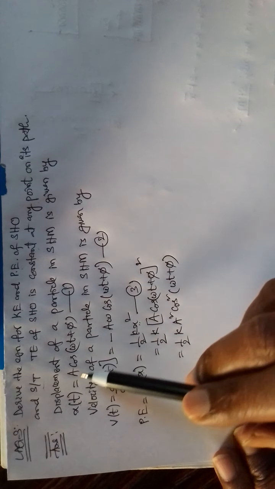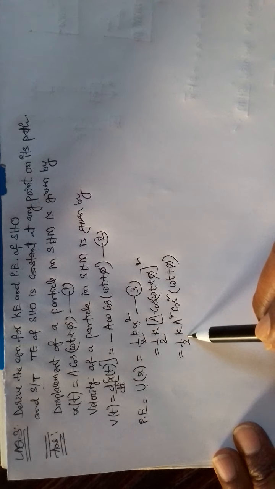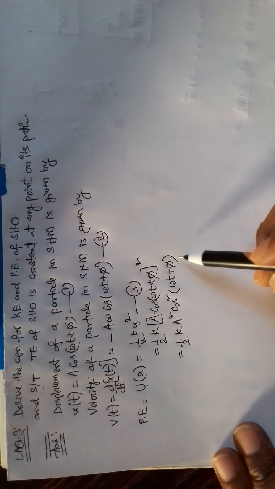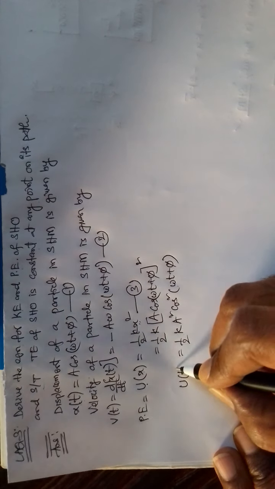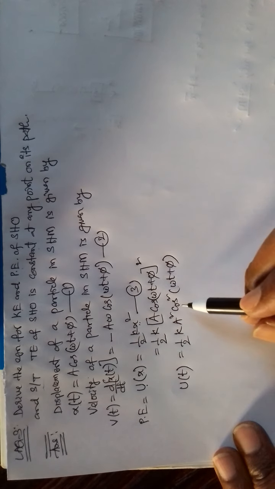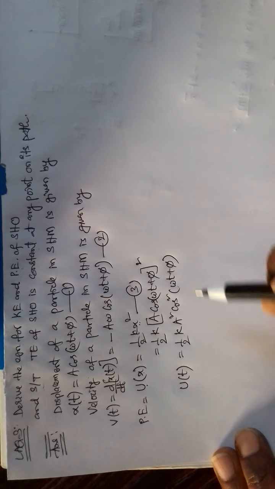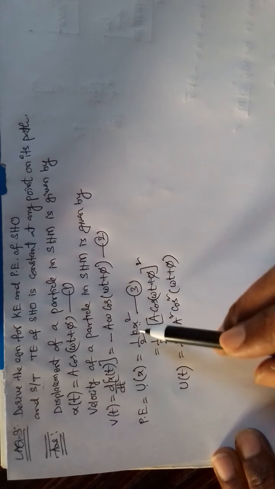Now substituting the x value, this expression has become a function of time because all the remaining quantities are constants. So now we have to write this as U(t), because this is also an expression for potential energy, but this is in terms of time, and here the potential energy is in terms of x.